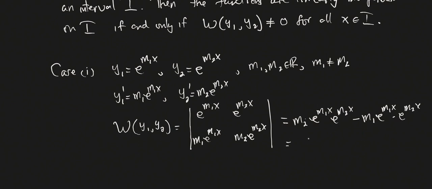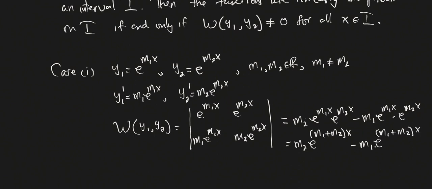Of course, we can simplify these exponentials. So this is m2 times e to the (m1 plus m2)x, minus m1 times e to the (m1 plus m2)x.